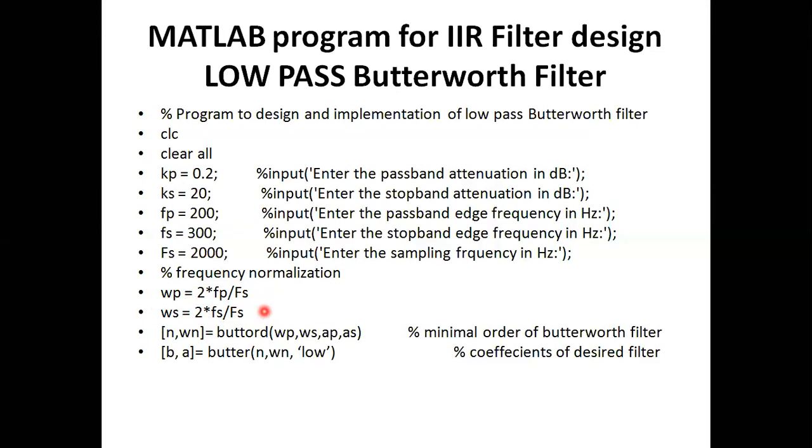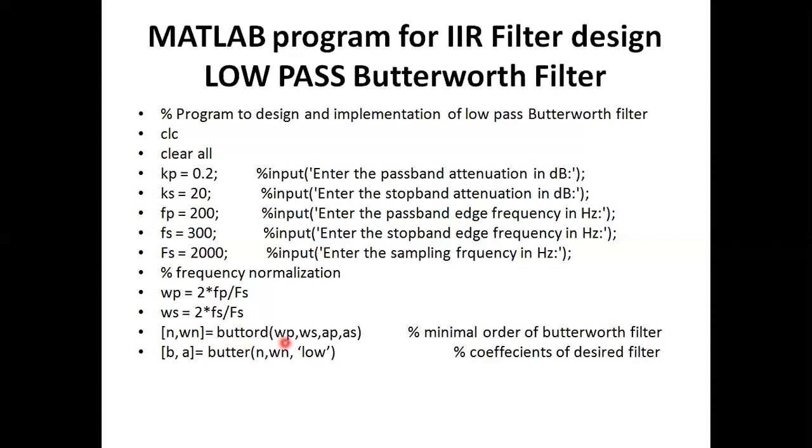After frequency normalization, you need to design your filter. For designing the filter, you need the order of the filter and the coefficients of the filter. So for finding the order of the filter, this is the command. Let's say n is your order and omega n is the cutoff frequency. So what is the command for finding the order of the filter? For Butterworth filter, buttord is the command.